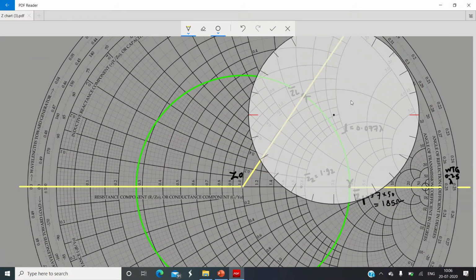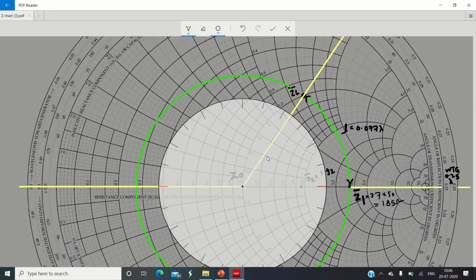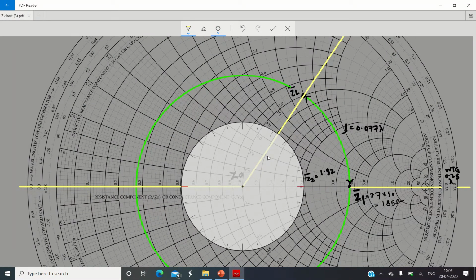Put the metallic part of the compass at the center of the Smith chart, and take the distance from the center of the Smith chart to the point Z2 bar. Take this distance and draw a half semicircle on the below side.